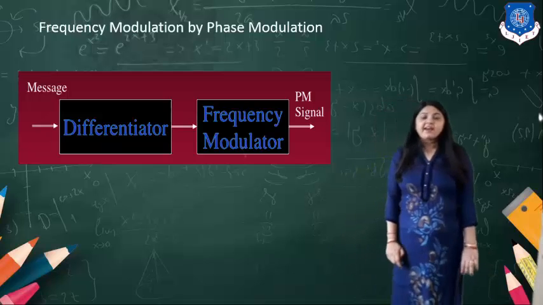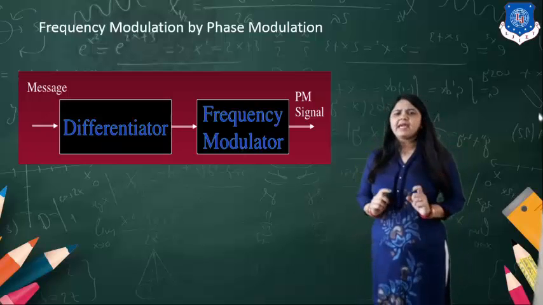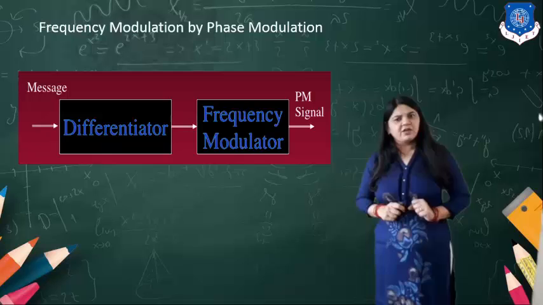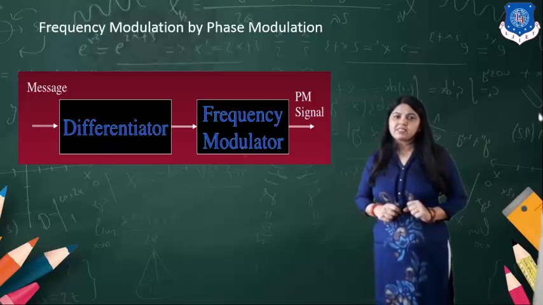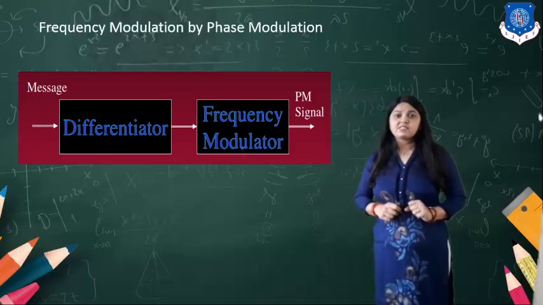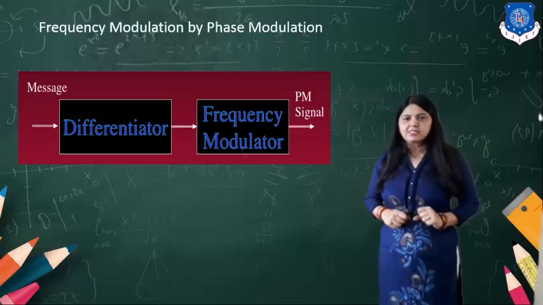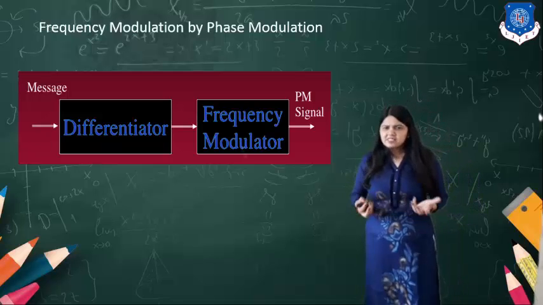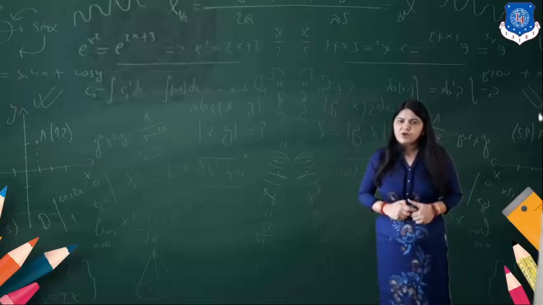This way, if we have the phase modulated output, we can generate the frequency modulated output, and vice versa, because angle modulation can be either frequency modulation or phase modulation.